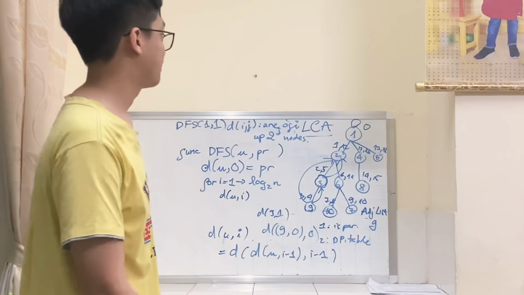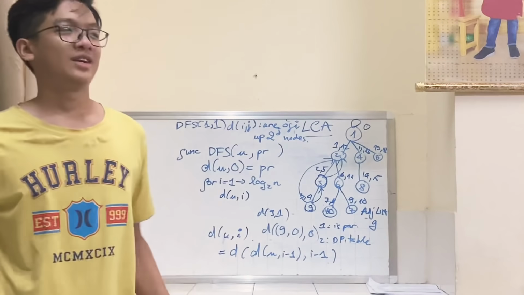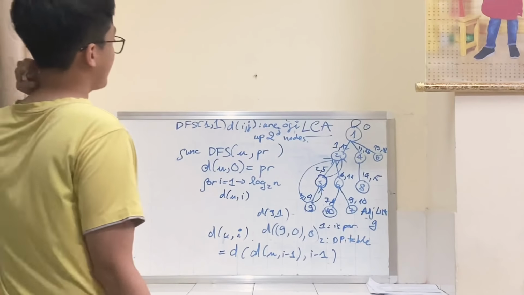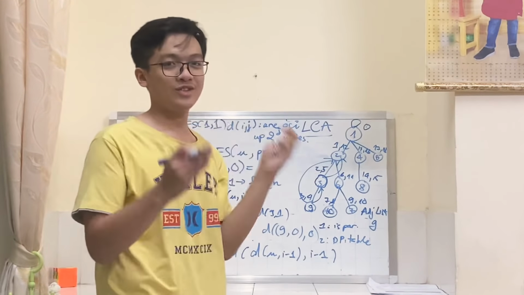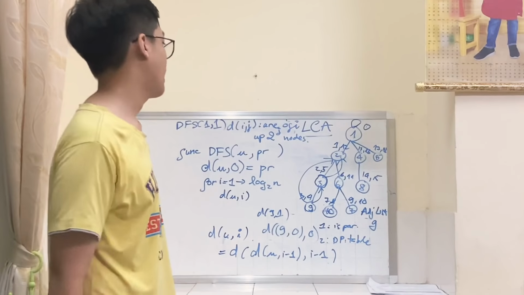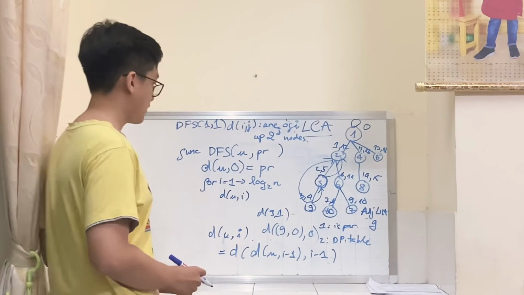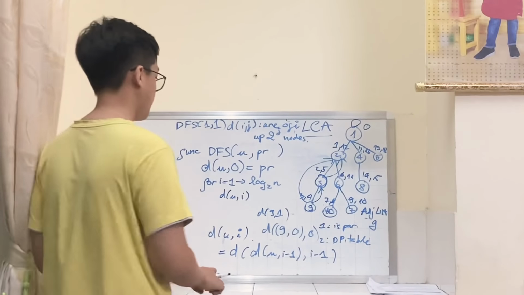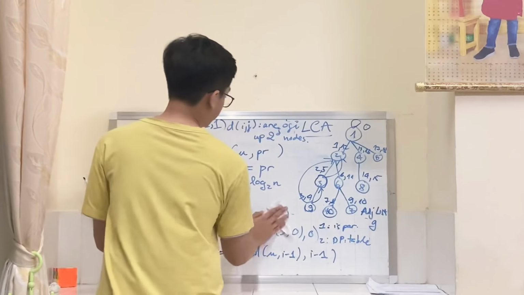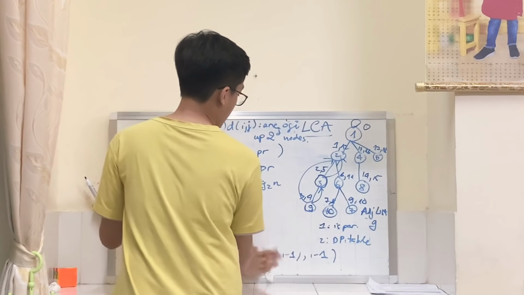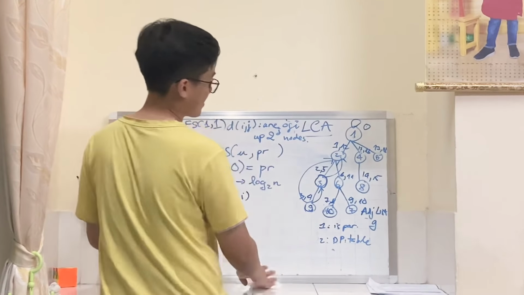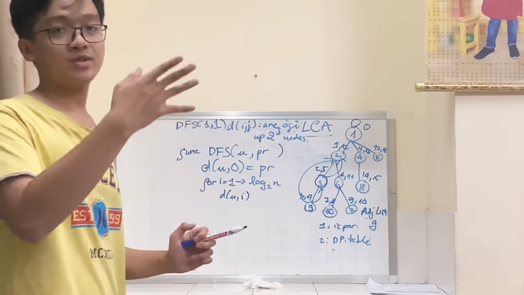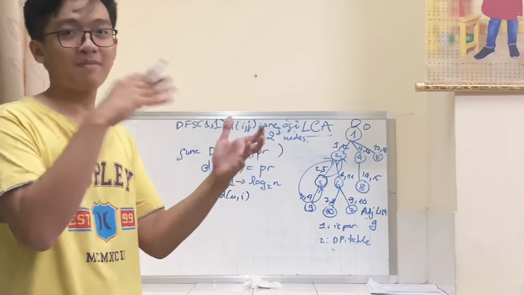Just like a to the power of n, you divide it, and it will be log n. So we have the formula of dynamic programming here, so it's easy, right? You imagine it's jumping to the parent, and the parent jumps to the parent's parent.